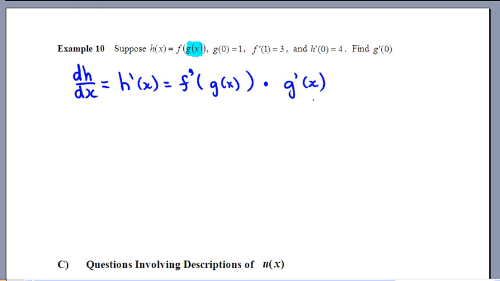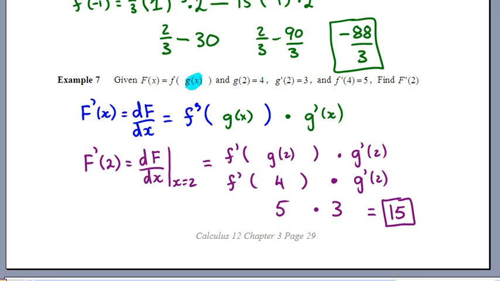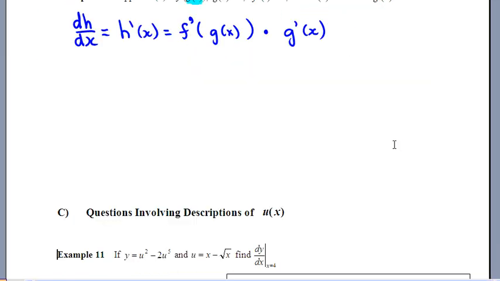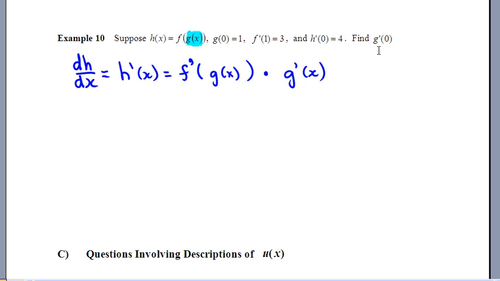Okay. They're asking you to go and find g prime of 0. Now we did do one, I'm going to go back, we did one almost like this right here. And they were like, oh, hey, when you're done, can you go and find this thing that's all by itself on the left? And we knew everything else over here on the right. This one's close to that, except this time they're actually asking you for g prime of 0.